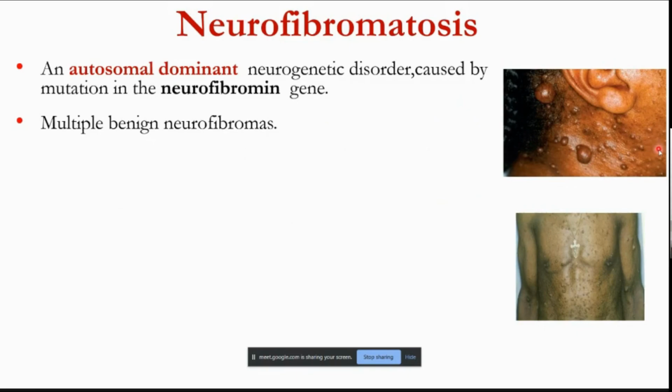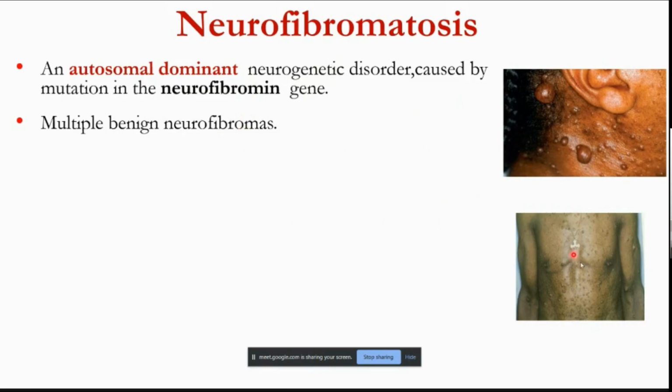So multiple small or big nodules all over the skin, and this entire trunk is showing neurofibromas, and it is an autosomal dominant disorder of neurogenetic origin, and it is because of the mutation in a gene which is called neurofibromin. Okay, so that's why the term neurogenetic. It is a neural disorder, but there is some genetic component which is affected, that is your neurofibromin gene.